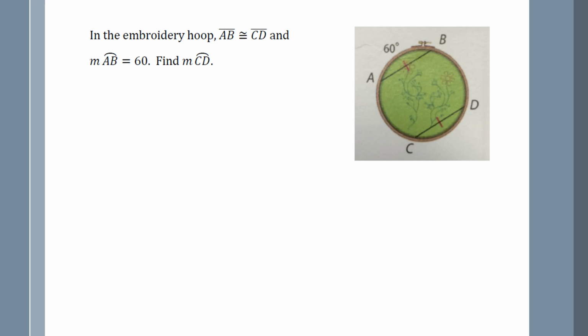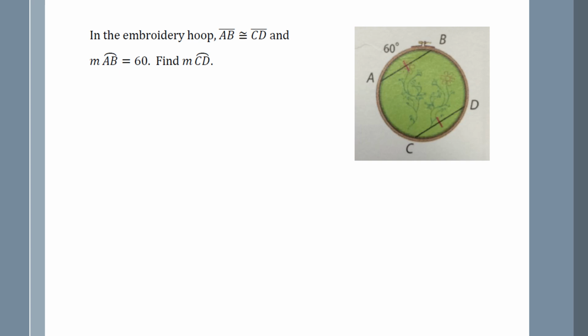Okay, so we have an embroidery hoop, and segment AB is congruent to segment CD. The measure of arc AB is 60 degrees. What would be the measure of arc CD?